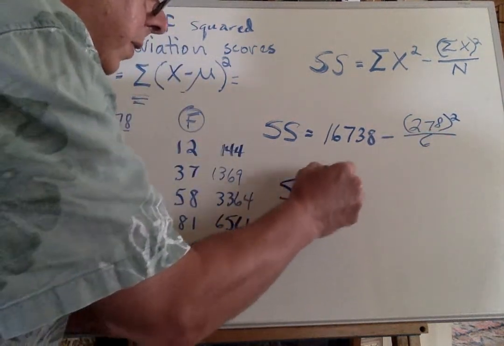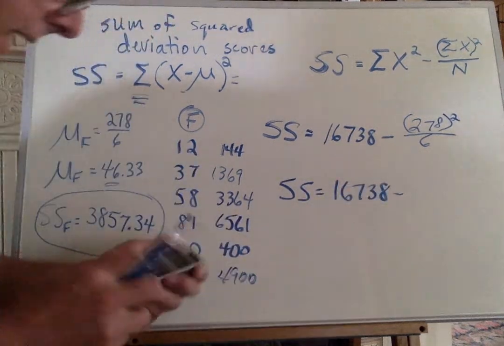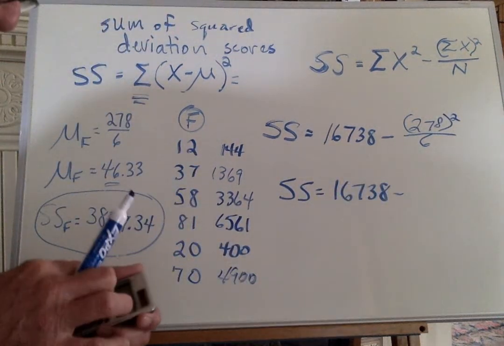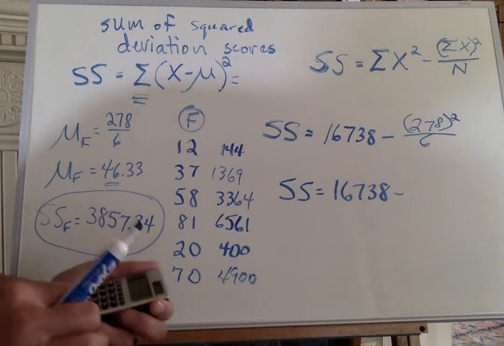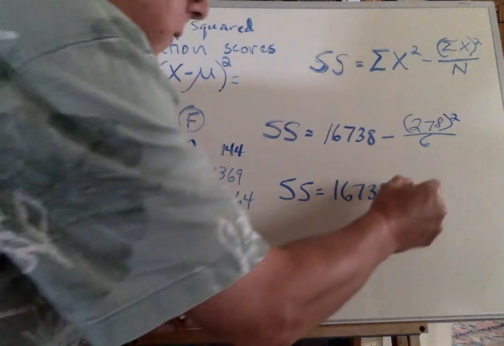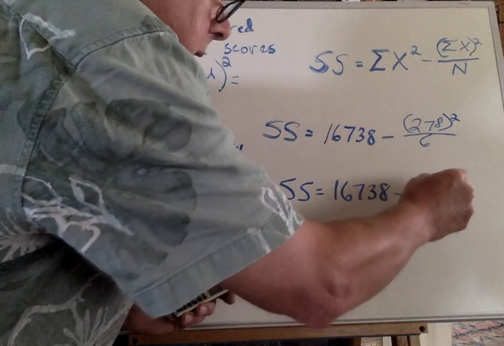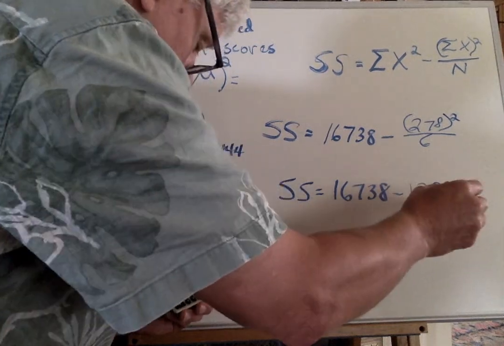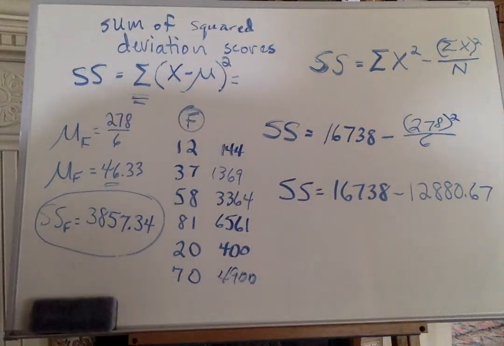So here's how I would do it. Part of this is managing your numbers, right? 278 squared divided by 6. So this is 12,880.67. Okay.